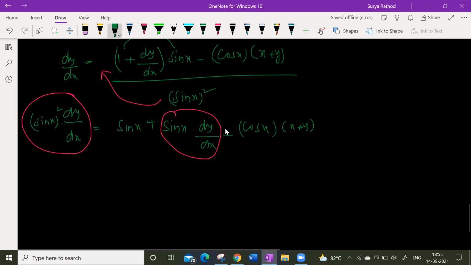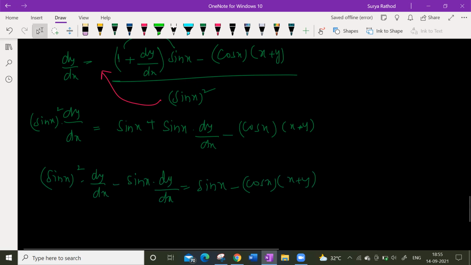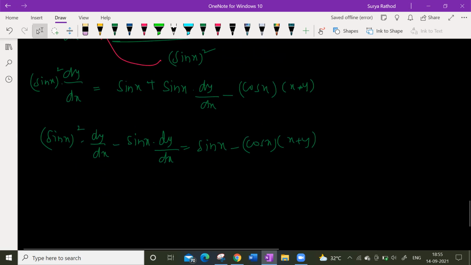So like terms I have, let me take together. So sin x whole square into dy by dx minus sin x into dy by dx is equal to sin x minus cos x into x plus y. This is what I remain with here. Yes or no?